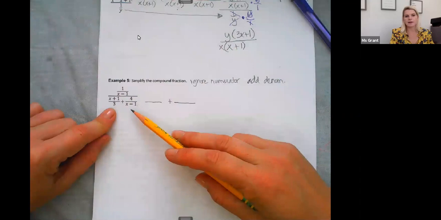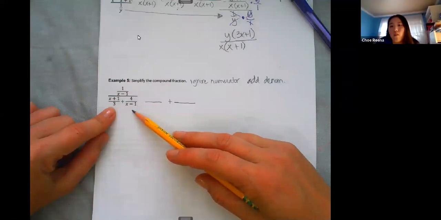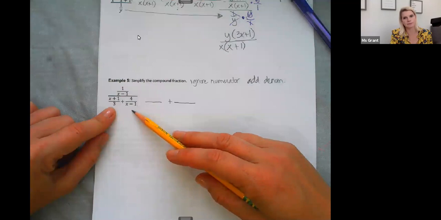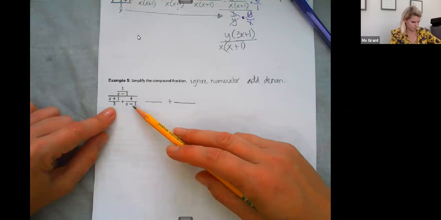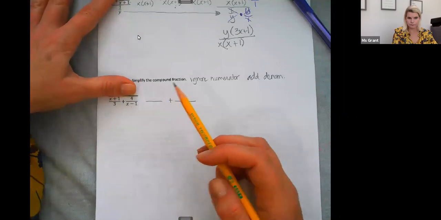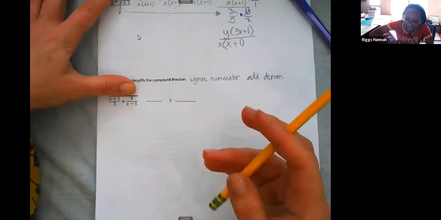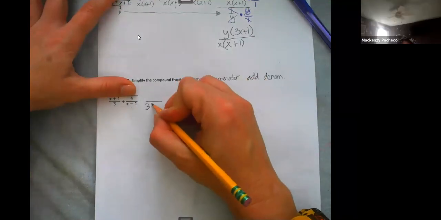What's the common denominator of 3 and x minus 1? I want the LCM of just these denominators. 3 times the quantity of x minus 1.